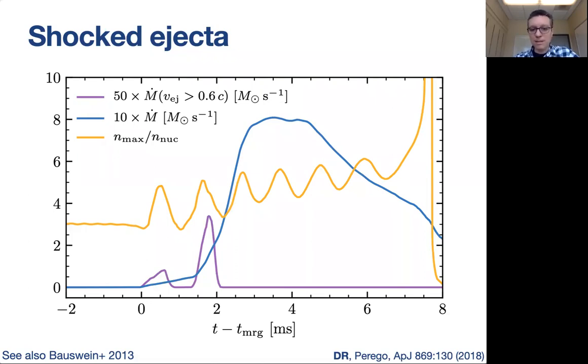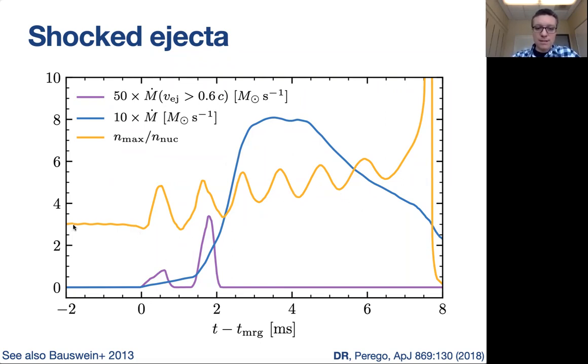That's maybe less pretty, but actually easier to read, at least for me. So what I'm showing here is the central density of the two stars. This is the very same simulation we have been looking at. And what you see here is the outflow rate. The outflow rate is measured at some distance from the binary. So here I have done my best to shift the curves in time according to the velocity of the ejecta.